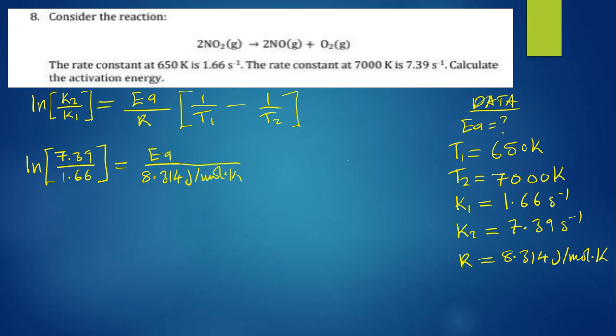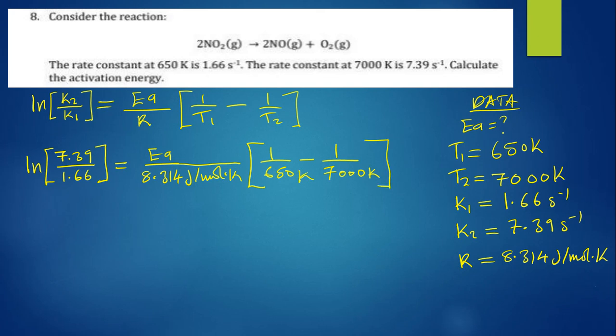Then 1 over the initial temperature, which is 650, minus 1 over the final temperature, which is 7000 Kelvin, like that.